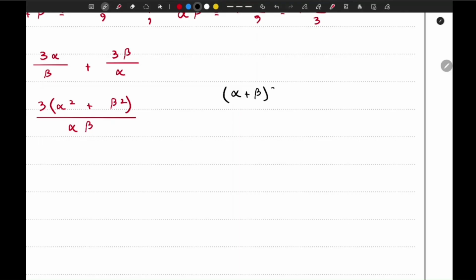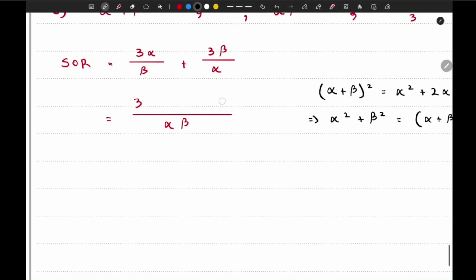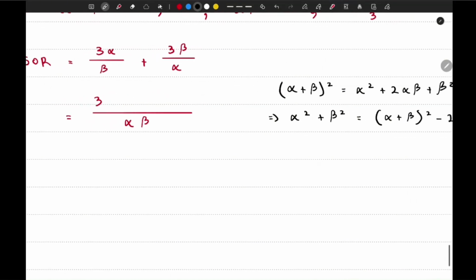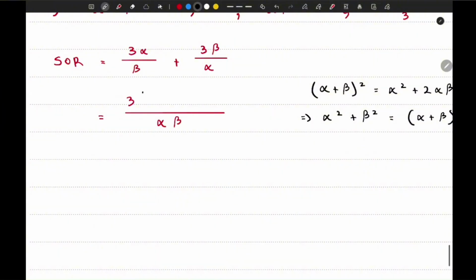We can write alpha plus beta whole squared as alpha squared plus 2 alpha beta plus beta squared. If we make alpha squared plus beta squared the subject, we get alpha plus beta whole squared minus 2 alpha beta. So we can replace this whole thing by alpha plus beta whole squared minus 2 alpha beta.